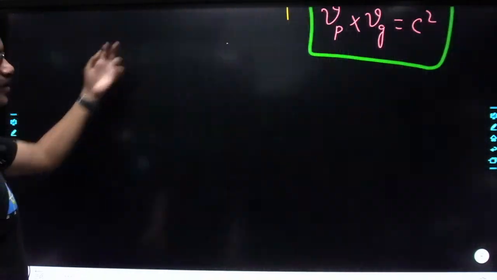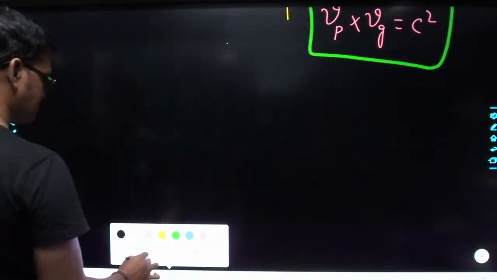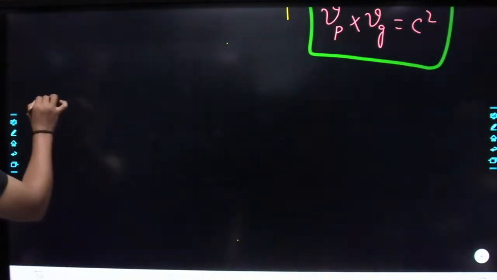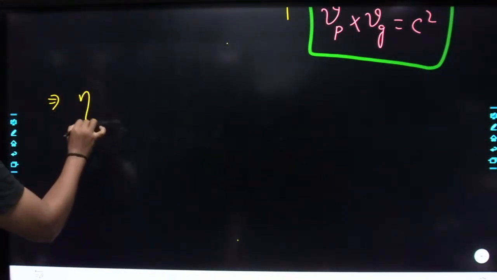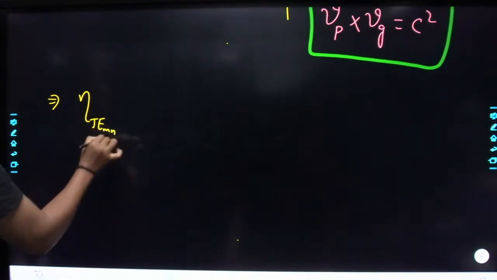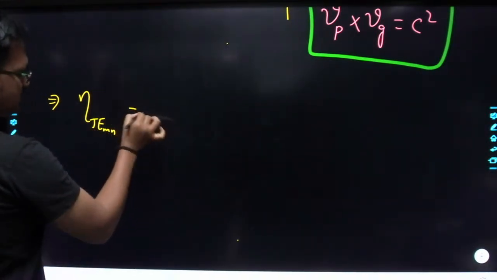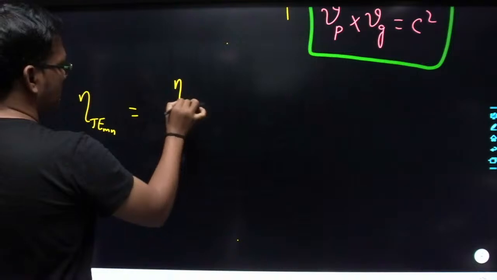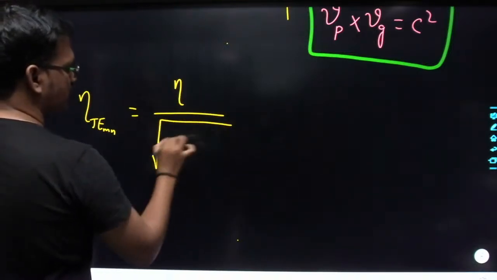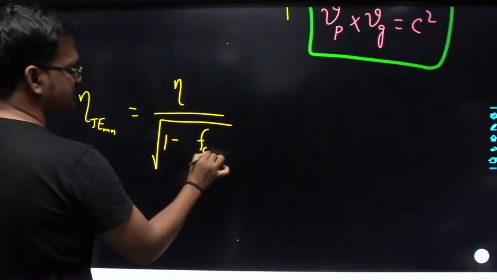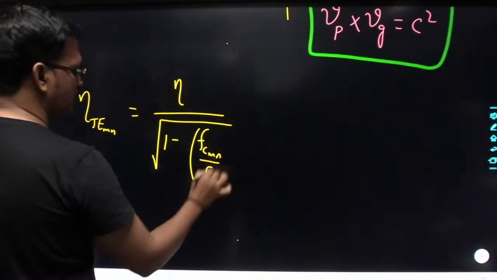And similarly, I'll give the expression for intrinsic impedance here. So intrinsic impedance in case of TE mode is nothing but eta divided by square root of 1 minus (fc_mn by f) whole square.